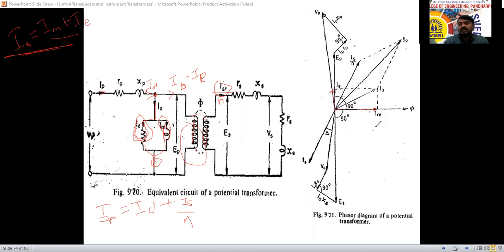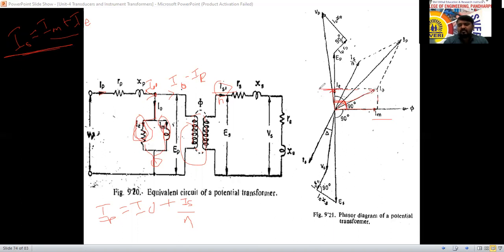IE leads 90 degree, or IM lags the excitation loss current by 90 degree here. So this is IE we are going to call here. So the total angle is 90 degree we are going to consider here now. So the summation of these 2 points is going to give the I naught value. So I will take the dot value here, and here also I will take the dot value, where both will intersect here now from 0 to that one, that is called I naught we are going to call here.